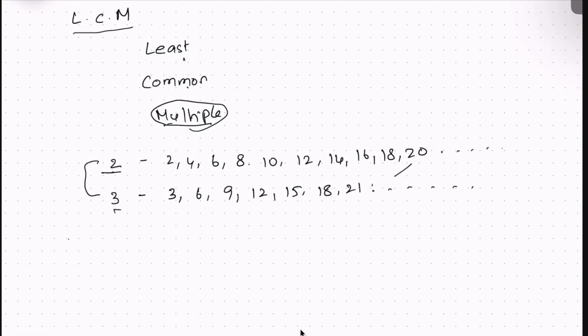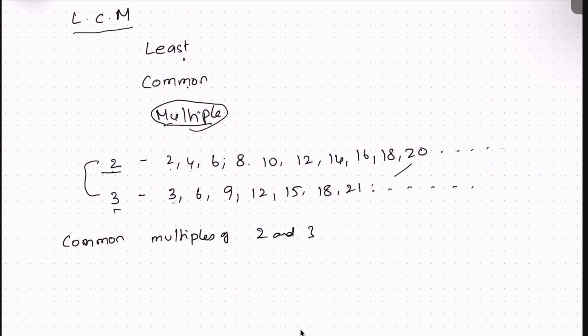Now let's find the common multiples. In the case of GCF you found the common factors, right? Here you are finding the common multiples of 2 and 3. So is 2 a common multiple for 2 and 3? No. 4? No. 3?